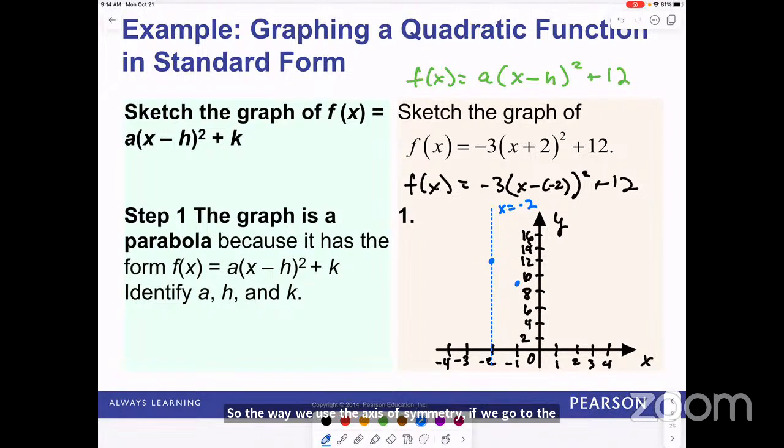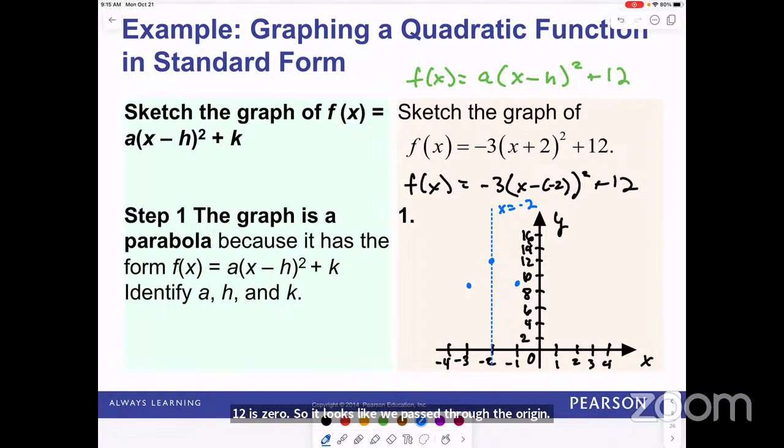That means that when we go to the left by 1, we should also be at 9. So this point here, okay? Let's see when x is 0. When x is 0, plus 2 is 2, squared is 4, times -3 is -12, plus 12 is 0. So it looks like we passed through the origin.